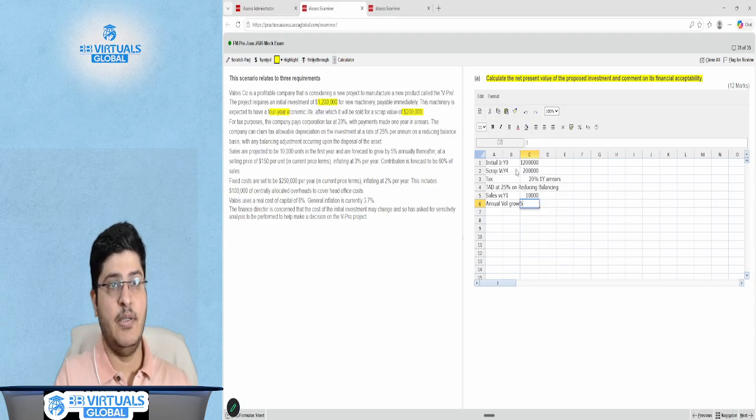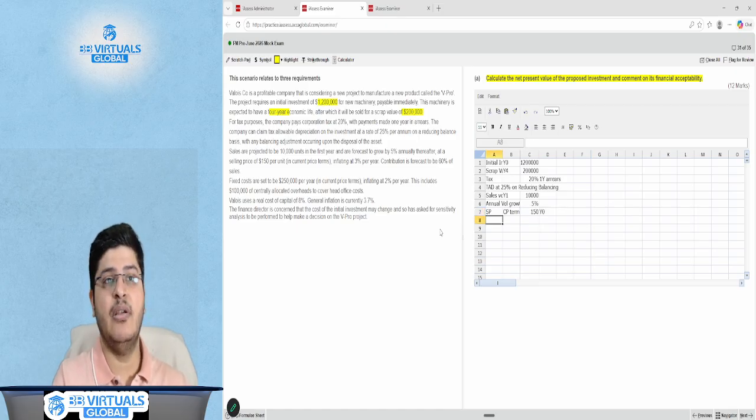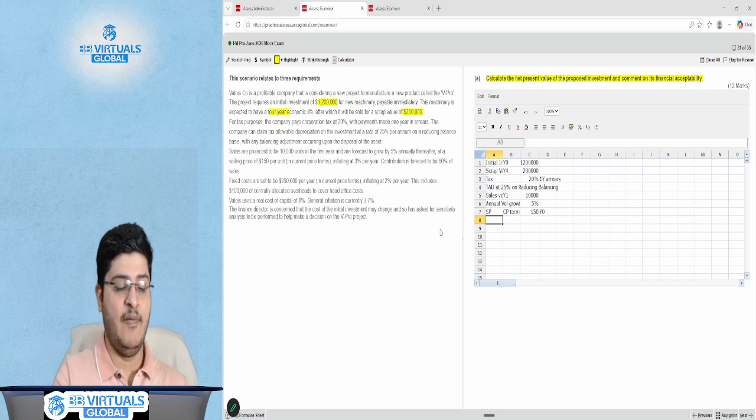At a selling price, what is the selling price? This is in current price terms, remember this is the real rate that is given, 150 per unit. So this is the year 0 value. You will have to calculate year 1, 2, 3, 4. Inflation is 4%, so you will have to consider the inflation.